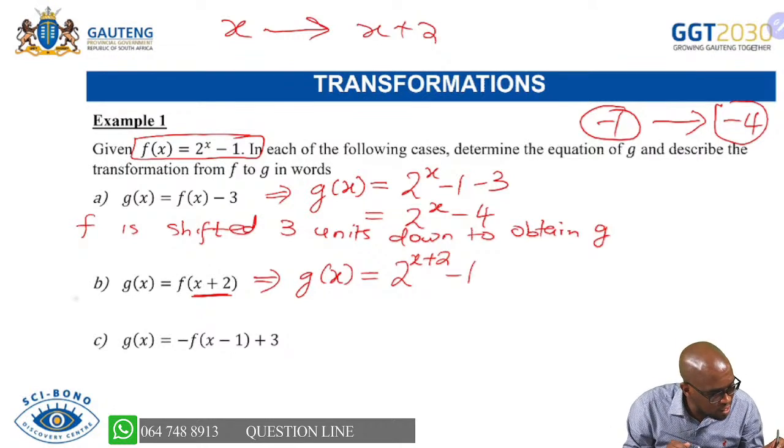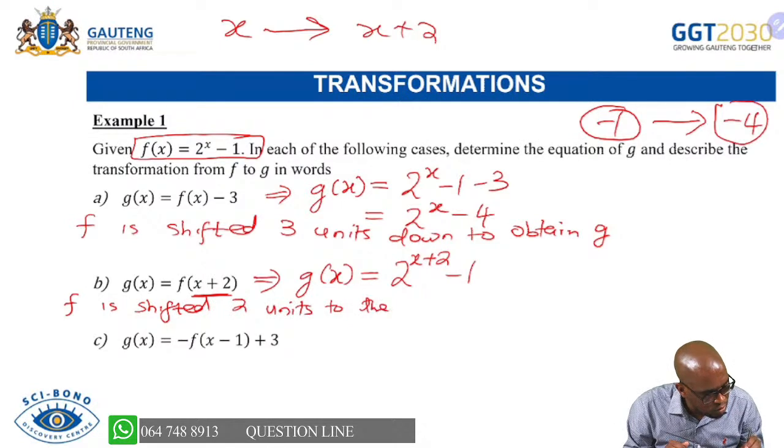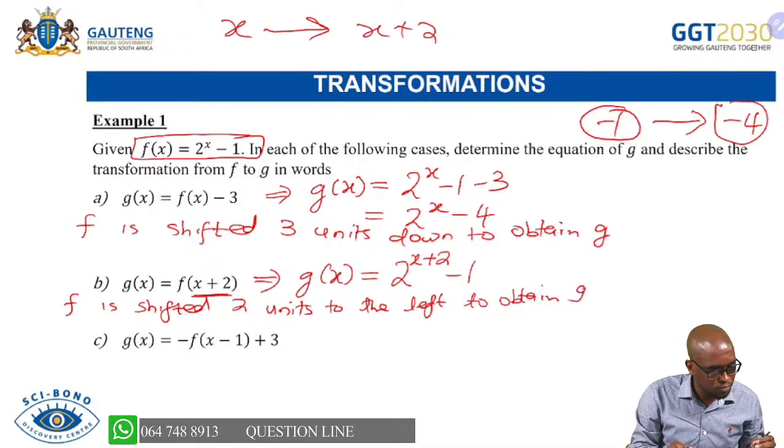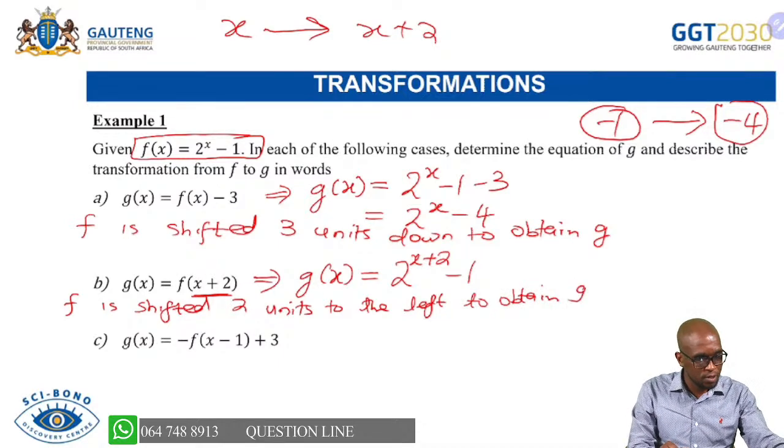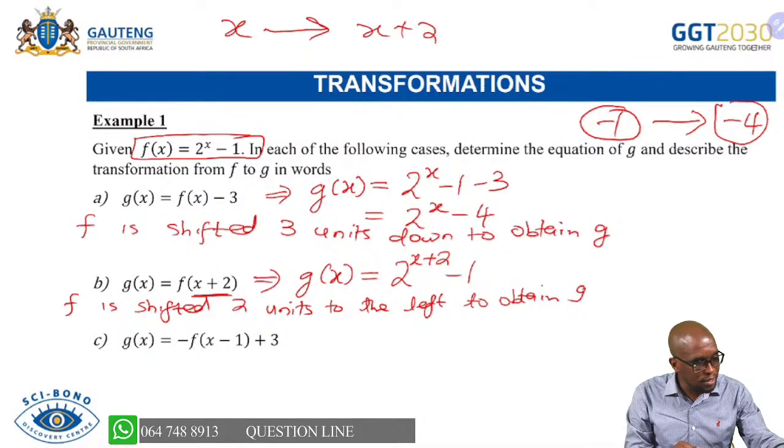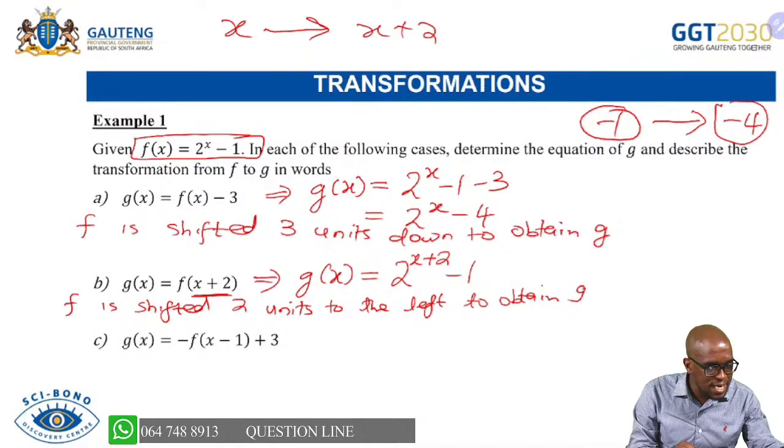So we say that f is shifted 2 units to the left to obtain g. That's what we have.